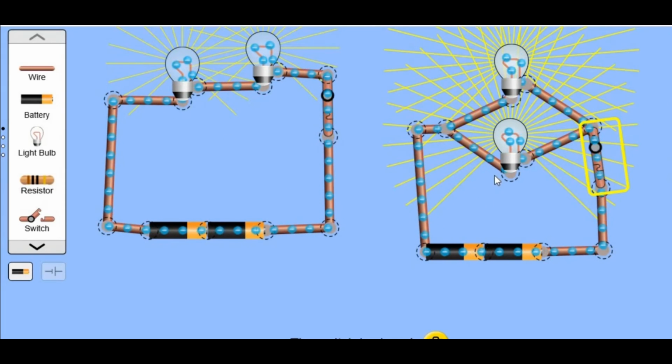And in the second setup the rate of flow of charge is a bit faster because the voltage is not divided. Voltage is equally distributed among the two bulbs, and the brightness is also much brighter than the first setup.